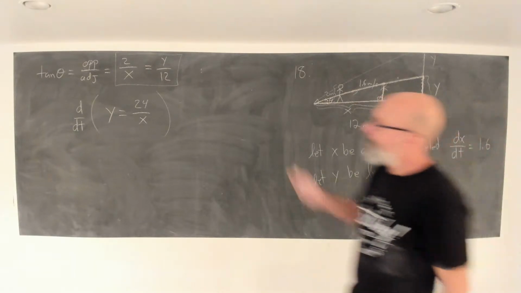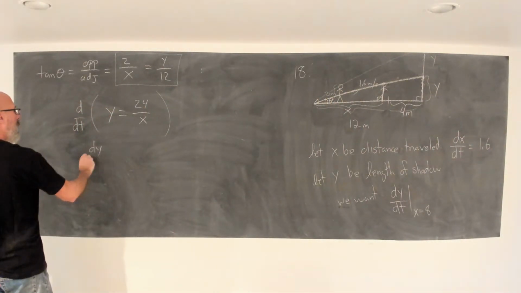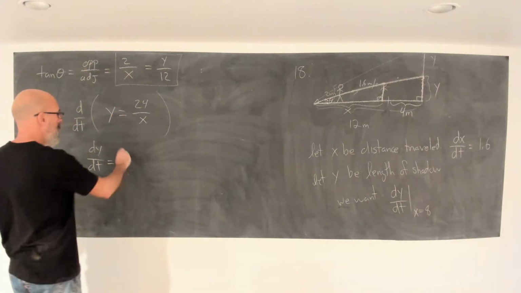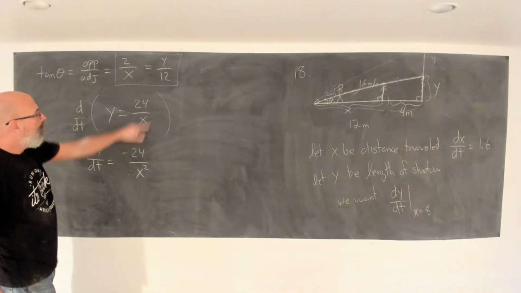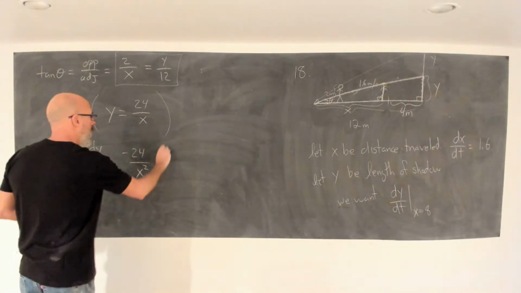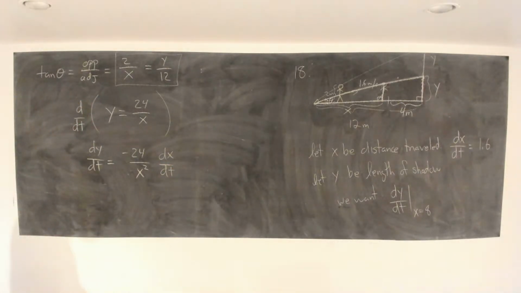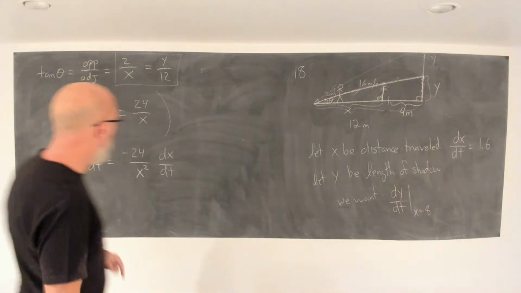Same here. So now if you differentiate, dy/dt is going to be negative 24 over x squared times the derivative of the inside, dx/dt. dx/dt was given to be 1.6.